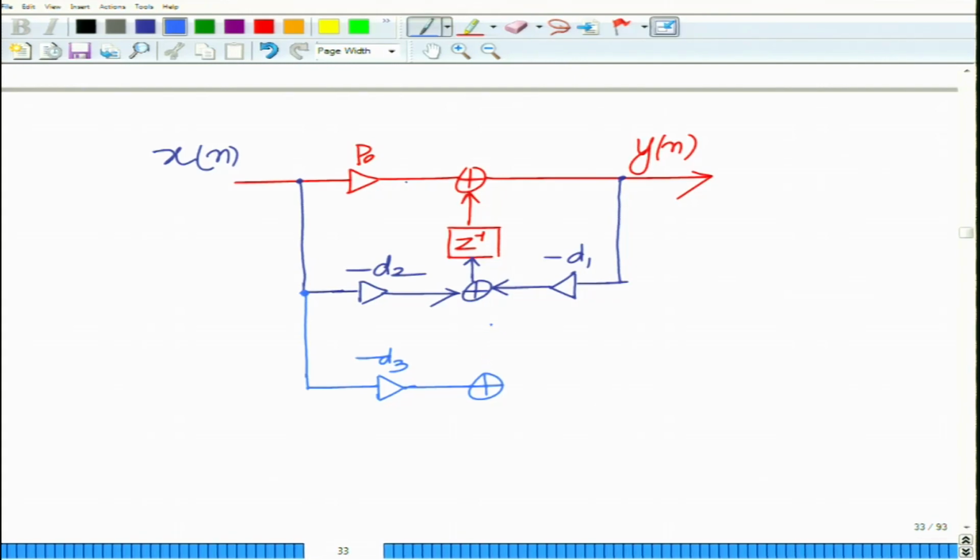There will also be one delay, okay, and I am sorry, this is P1 and this will be P2, okay. Remember, you are interchanging the branches, so this will be minus D2.